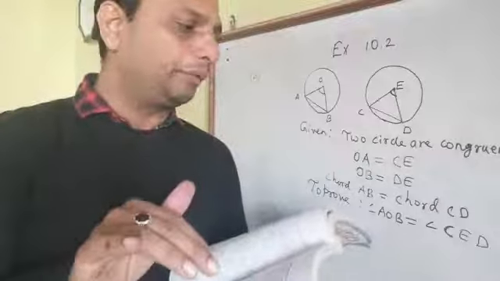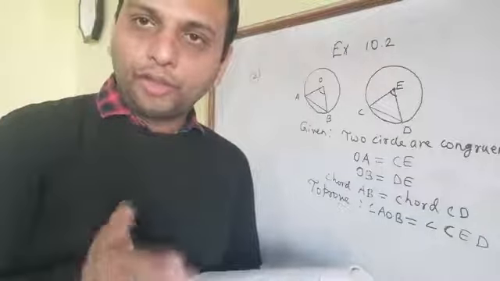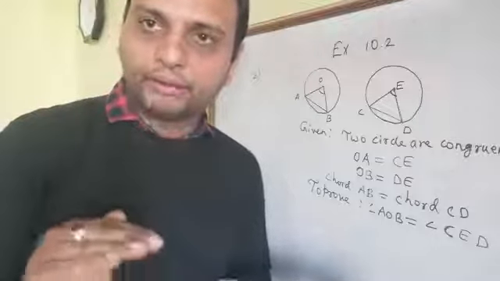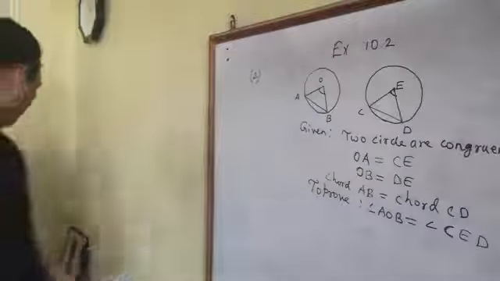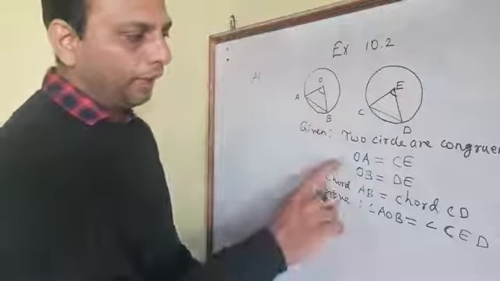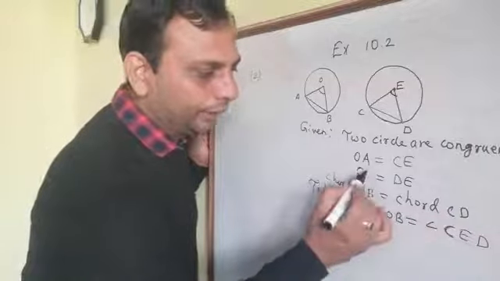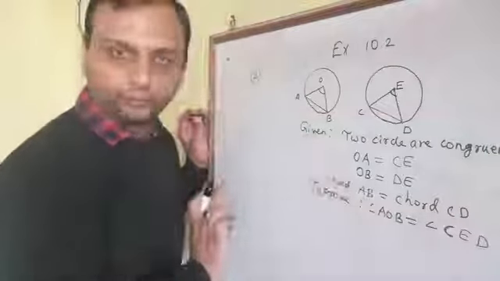So we have to do just the opposite. Here the chords were given equal; now we have to prove the chords equal, and the angles are given equal. We will make this same figure, and the radii will be equal, because the two circles are concurrent.